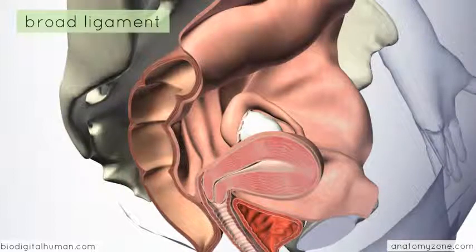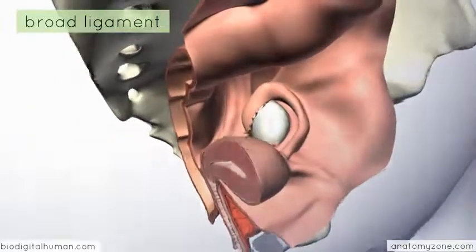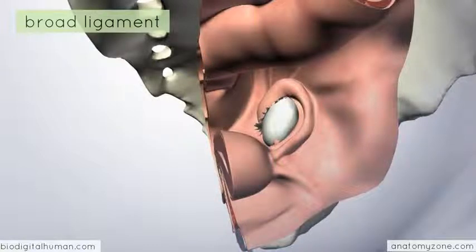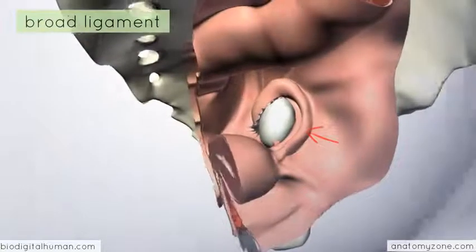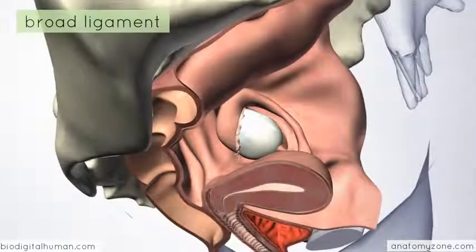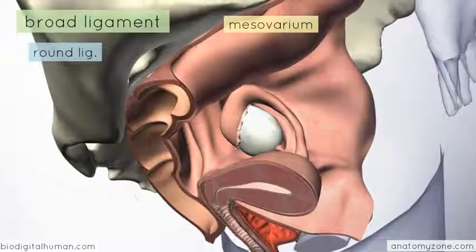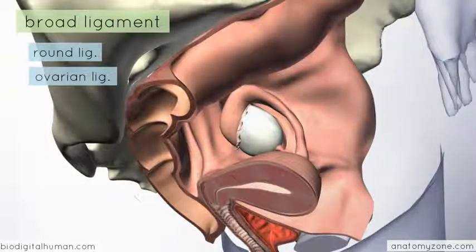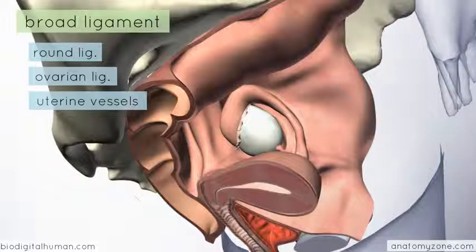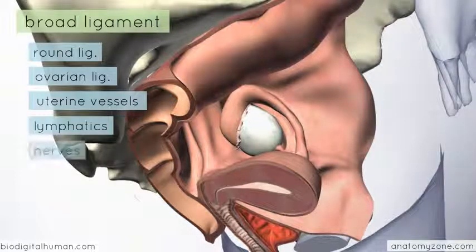Within it, it contains the fallopian tube in its free superior edge, which you can see here. It also attaches to the ovary via its posterior aspect, which is known as the mesovarium. It contains the round ligament, the ovarian ligament. It also transmits the uterine vessels and various branches of the ovarian vessels, and it also carries lymphatics and nerve fibers.